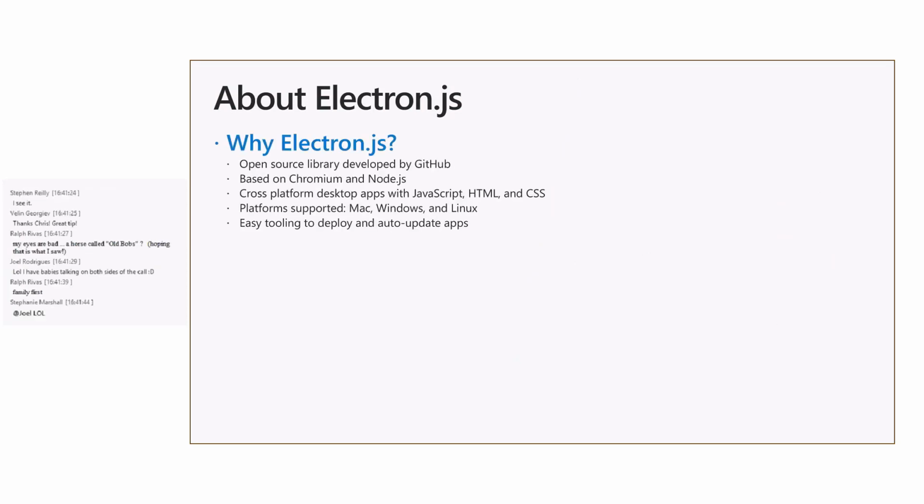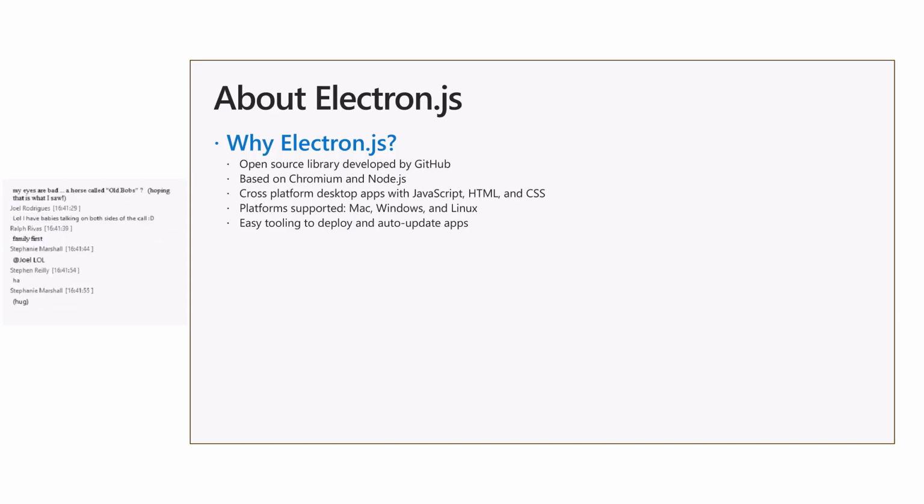Well, Electron.js is an open source library developed by GitHub. So actually now we can say developed by Microsoft, but that's just a side note. And it's built on top of Chromium and Node.js. And you can use it to create HTML and JavaScript based applications which can be executed on desktop platforms like Mac OS, Windows, and Linux.